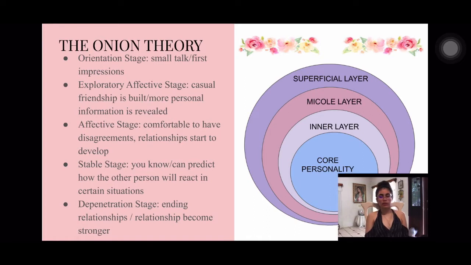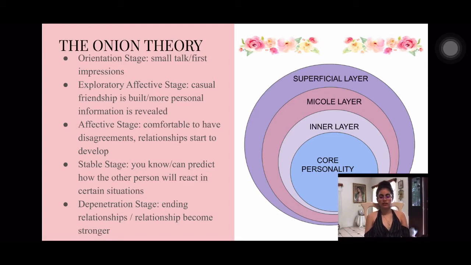And from there, we move on to where you already know how the other person is, so you can predict how they're going to act when you mention certain things or act certain ways. And then in the penetration stage, it can go either 2 ways.